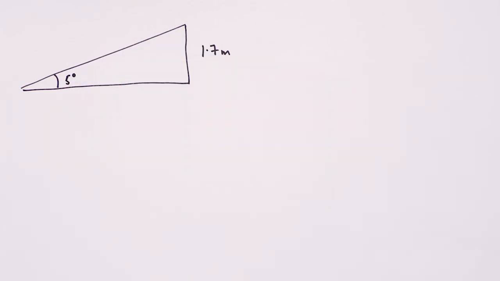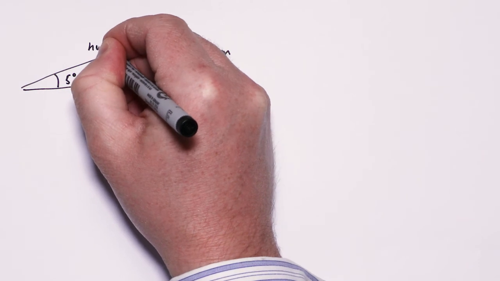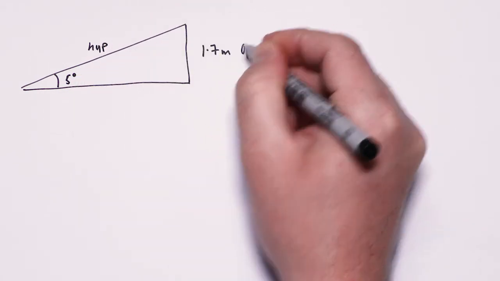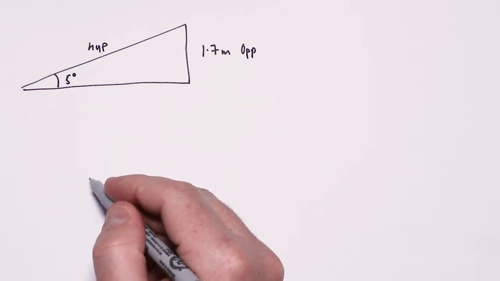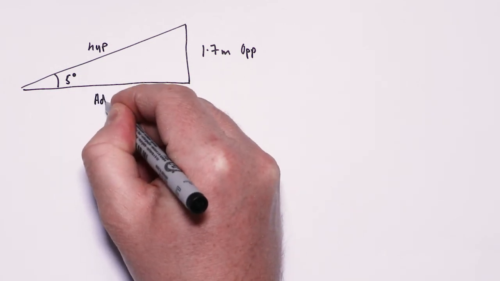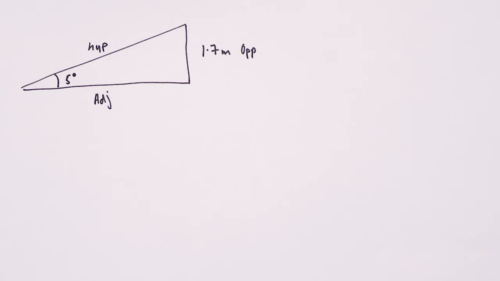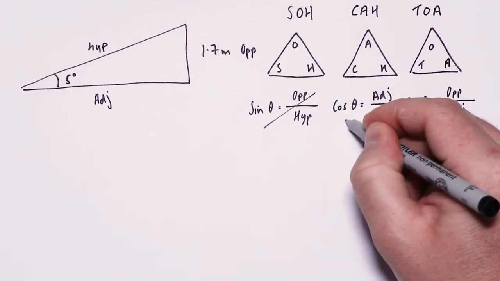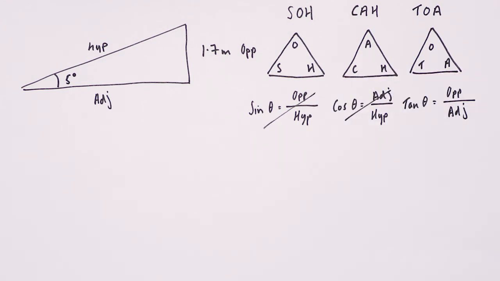Next you label up your triangle. This is the hypotenuse, the longest side. This is the opposite, as it's opposite the angle, and this is the adjacent. We can unpack Sohcahtoa, select the correct equation, that is the one with the measurements for opposite and adjacent, so not that, it must be that.